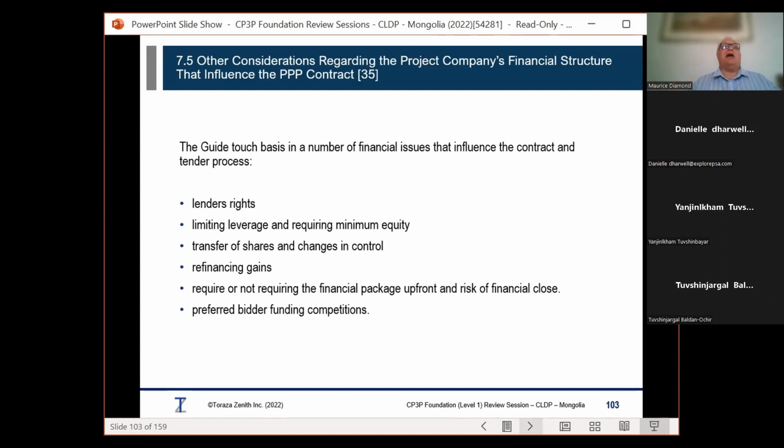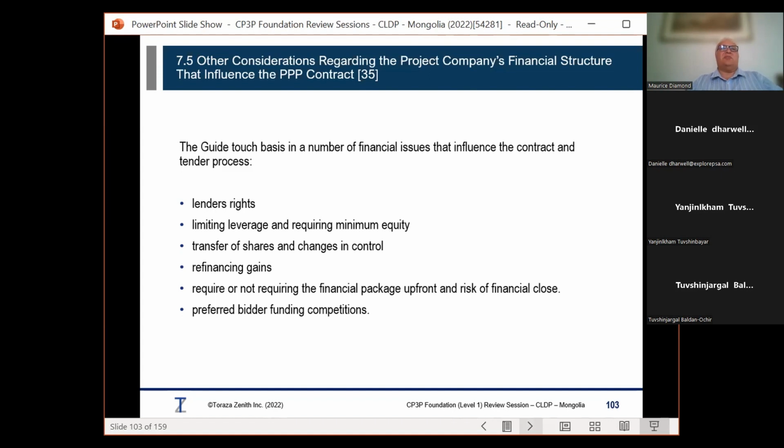Now, there is an issue about borrowing and finance from the market. Sometimes the competition is such that the bidders are required to come with their own banks, their own lenders, and therefore we might also be expecting to see heads of terms from those banks to show that they are supporting the bid. Or we might not require that at the bid phase.